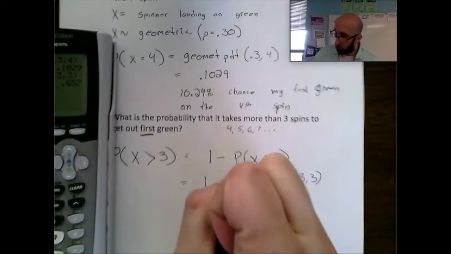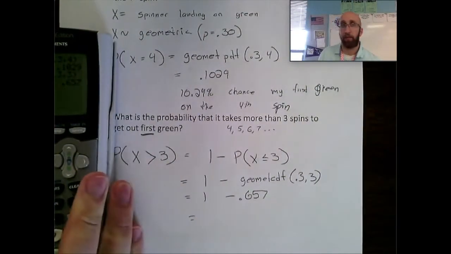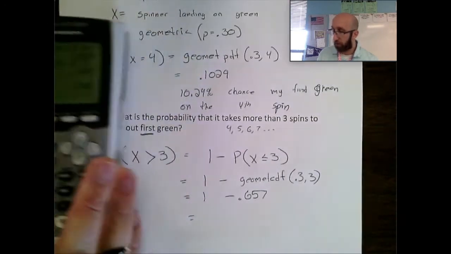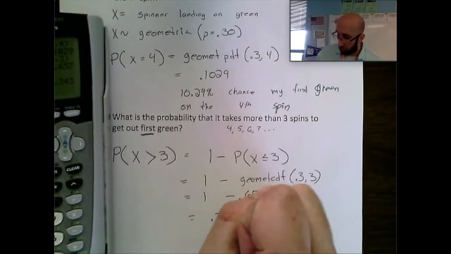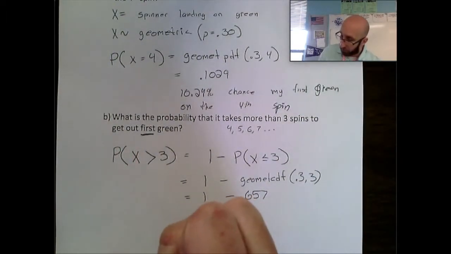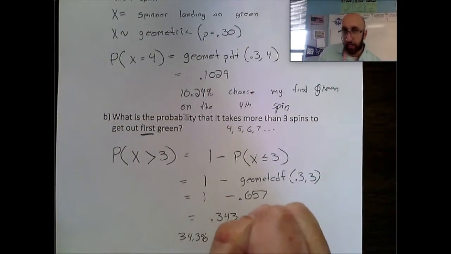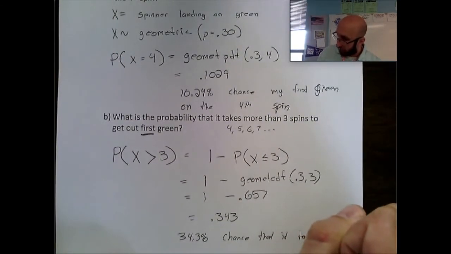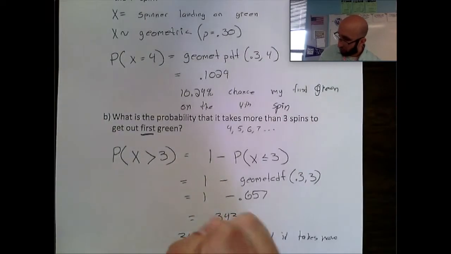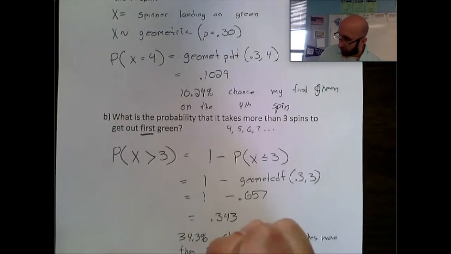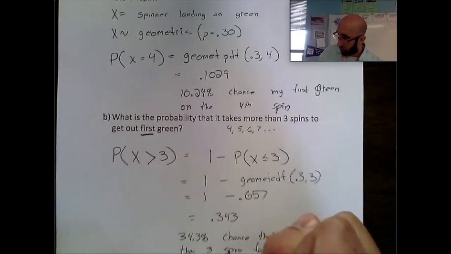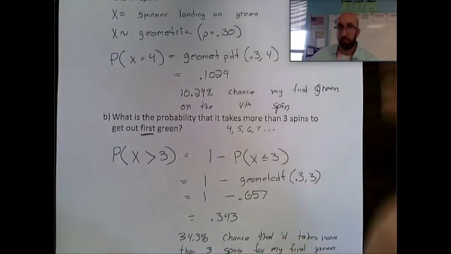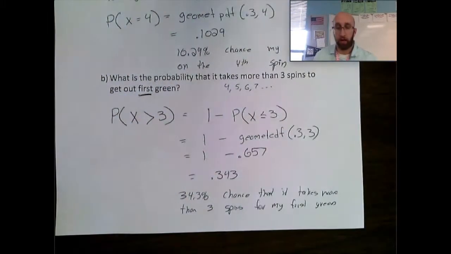So if I take 1 minus 0.657, I should be left with my final answer here, which is 0.343, meaning there is a 34.3% chance that it takes more than 3 spins for my first green.